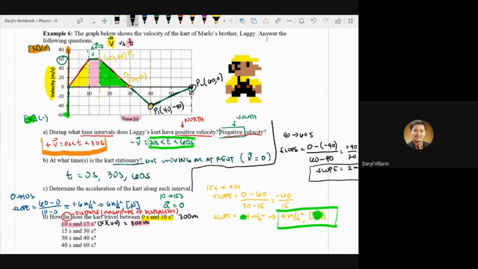The base is 15 seconds, and then the height is 60, divided by 2. If I compute for that, you can verify, you should get 450 meters. Okay, so that would be from 15 to 30 seconds.